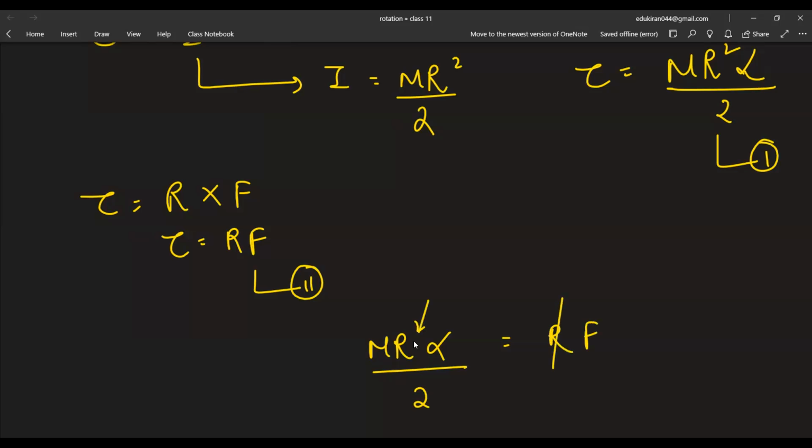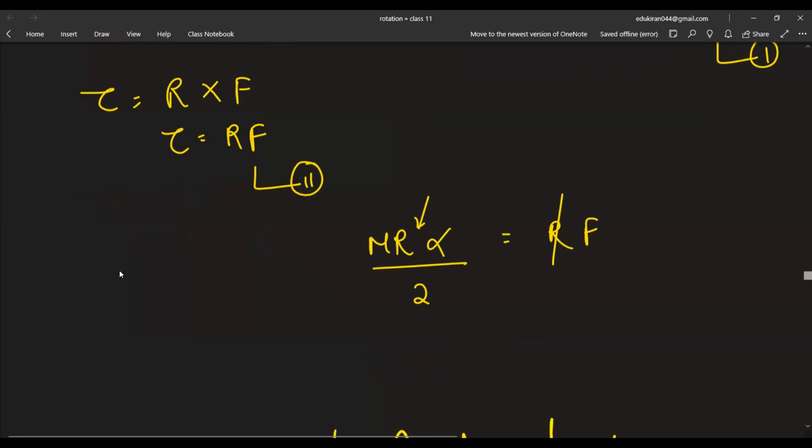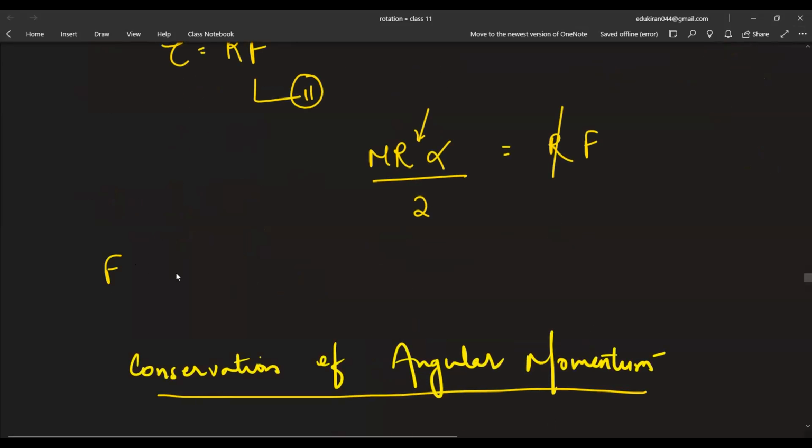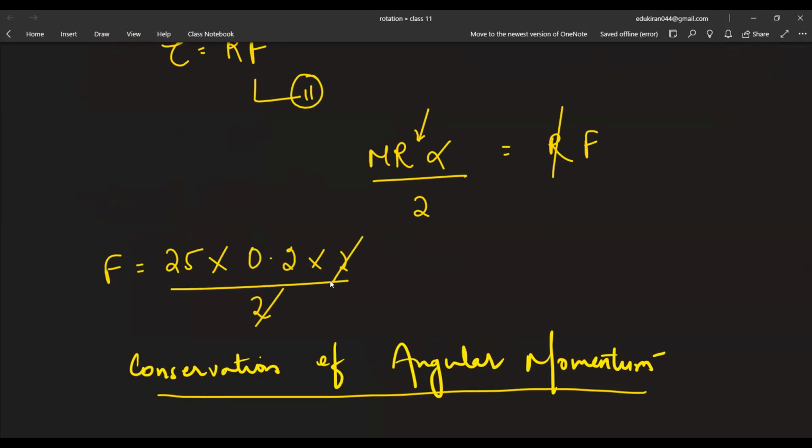One R will be cancelled. We want the force, so now we have the formula for force. We just have to put in the values. Force will be equal to mass 25 kg, radius 0.2 meters, angular acceleration 2, divided by 2. So 2 cancelled. 25 times 2 is 50, and 50 divided by 10 is 5 Newton. This is the answer.